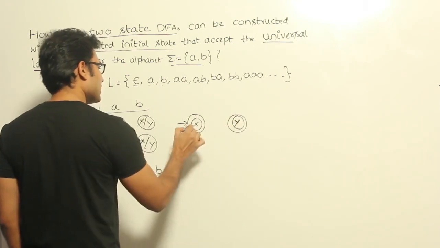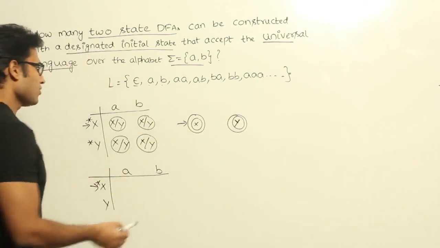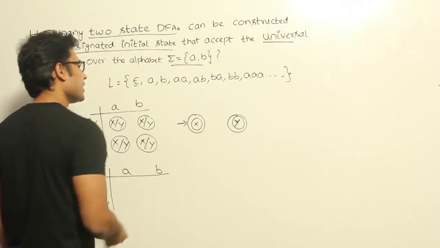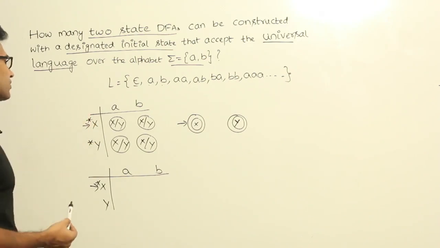Since the initial state is equal to a final state, epsilon will be accepted. Whichever way you put the transitions on a and b, everything will get accepted. So it is going to accept the universal language.